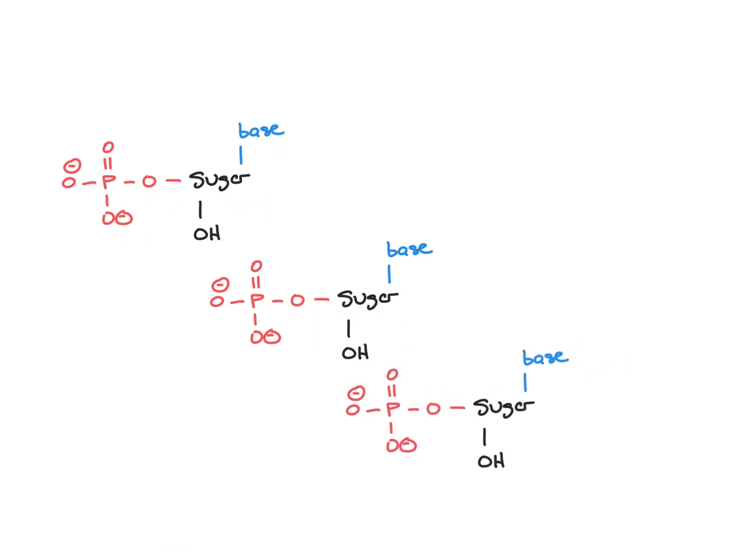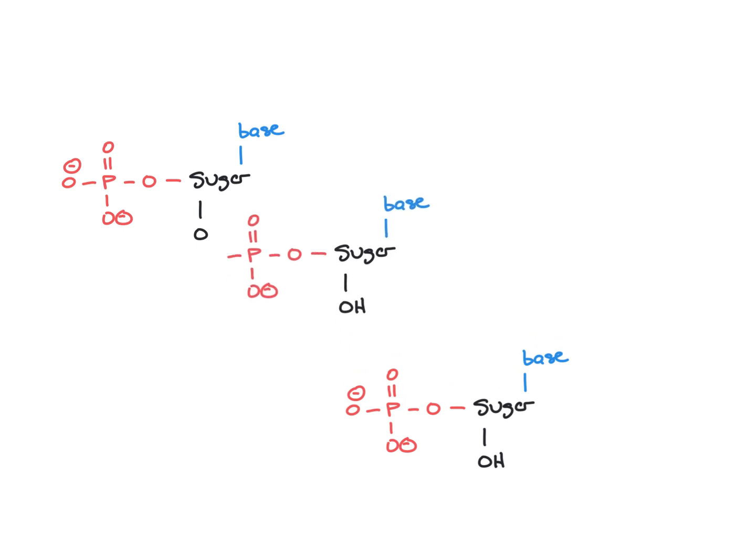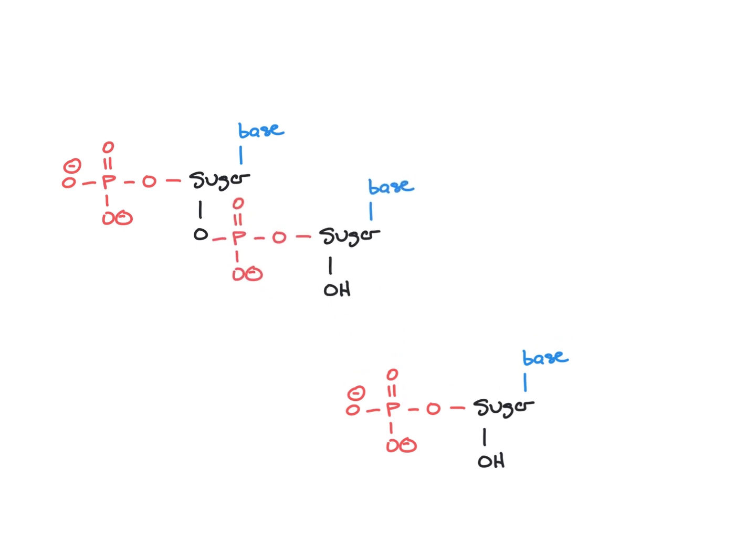Okay, and think about how these might bond together. So what will happen is, to join these together, the oxygen on one sugar will bond with the phosphate of another. So let's just combine those together. Just erase a couple of pieces there. Join.